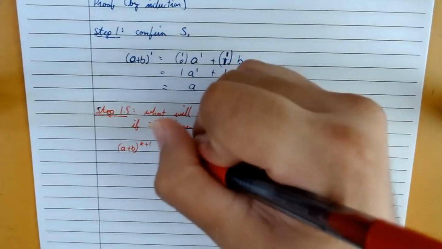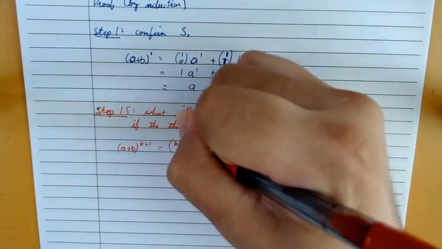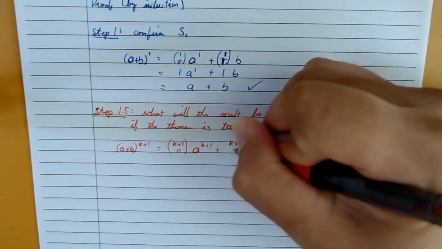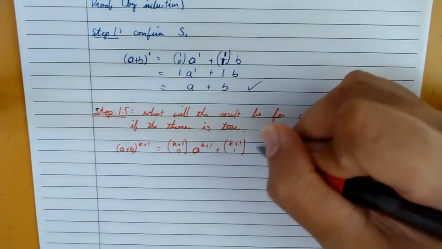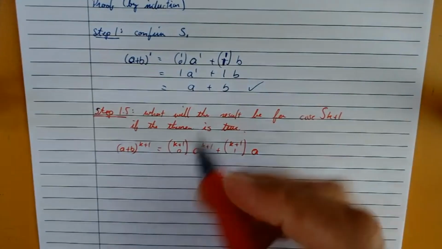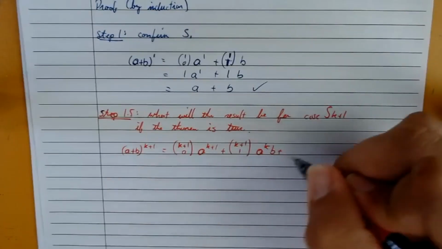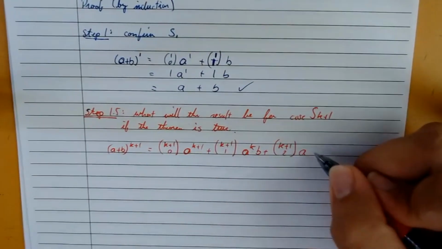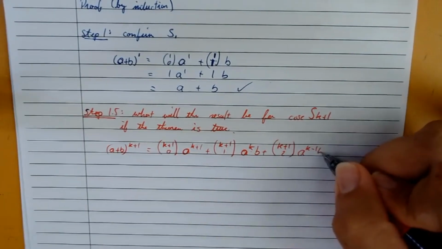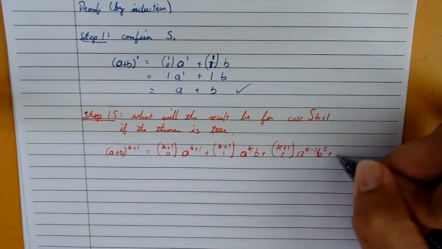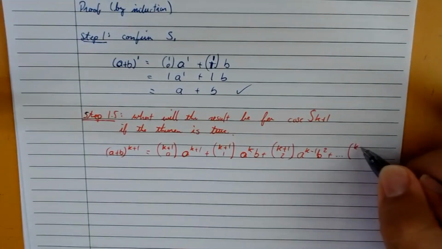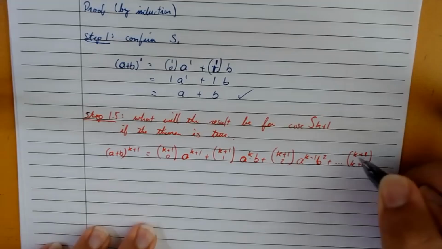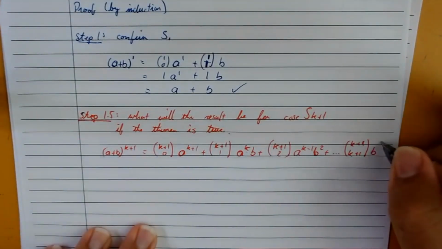Okay, so that's going to be k plus 1 choose 0, a to the power k plus 1, plus k plus 1 choose 1, a to the power, and again, you're reducing this by 1, so that would just be k, and that would be b, plus k plus 1 choose 2, and again, you're subtracting 1 from this, so that's going to be k minus 1, and you're increasing the power of b by 1, so that's b to the second, plus dot, dot, dot, and eventually, over here, instead of n choose n, it's k plus 1 choose k plus 1, b to the power k plus 1.